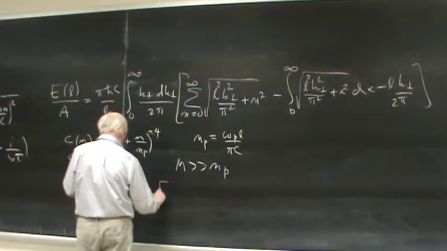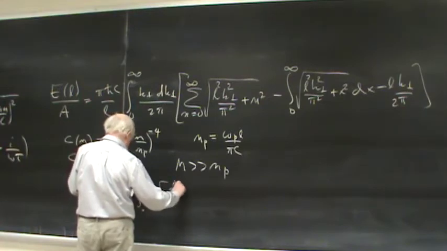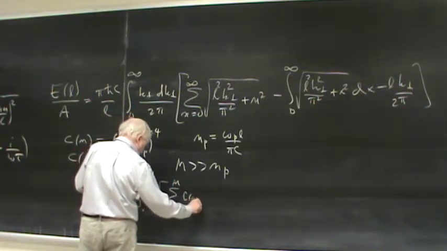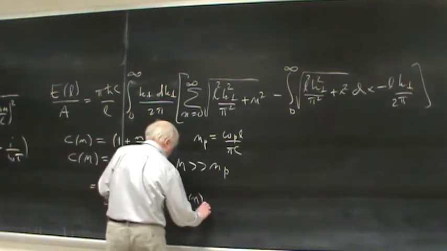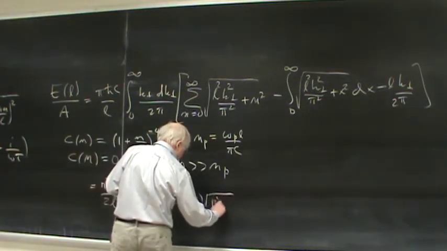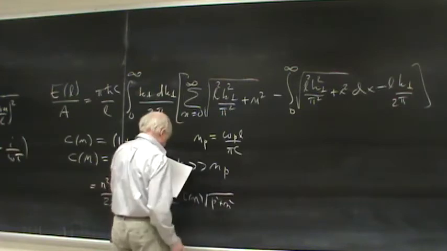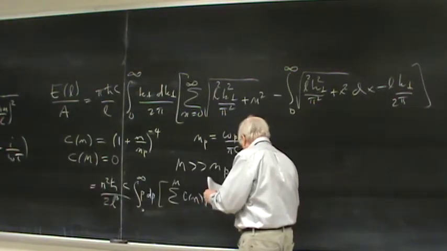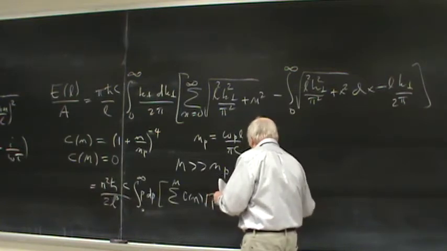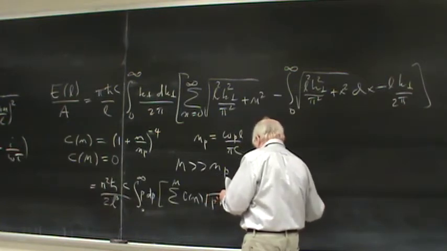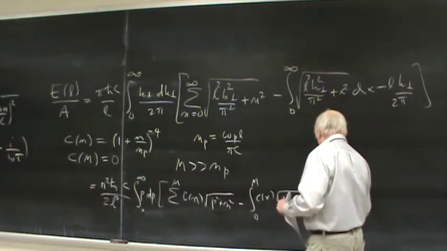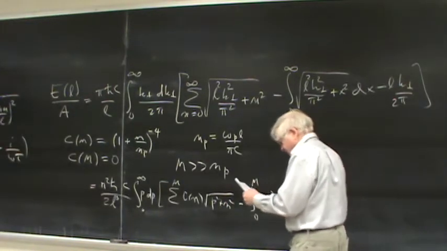And now we have this sum up to n of c sub n root p squared plus n squared, minus integral from 0 to m of c of x square root of p squared plus x squared dx, and then minus p over 2.